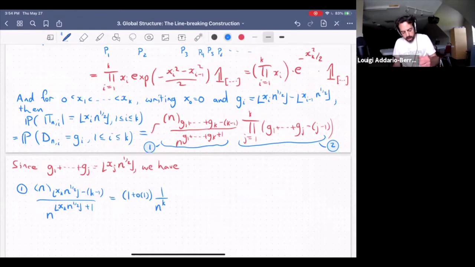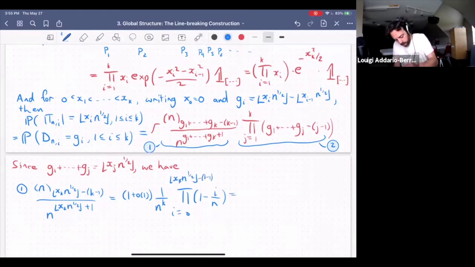And then we have a product like we saw before in the proof of the Rayleigh limit, which is just a product of 1 minus i over n, for i from 0 up to xk n to the half minus k minus 1.